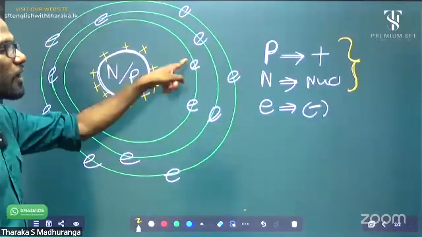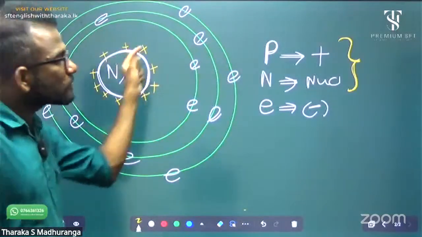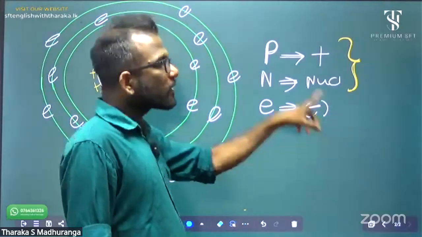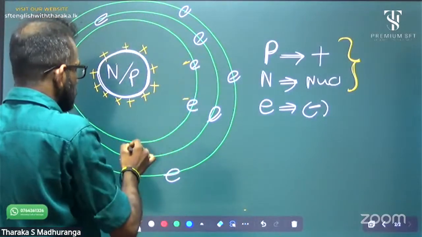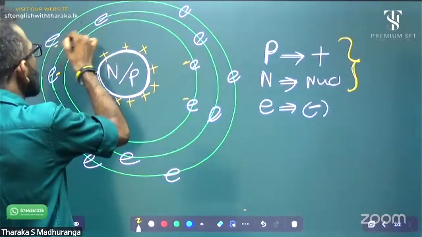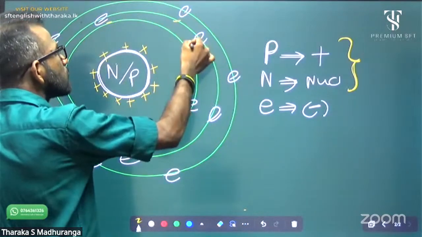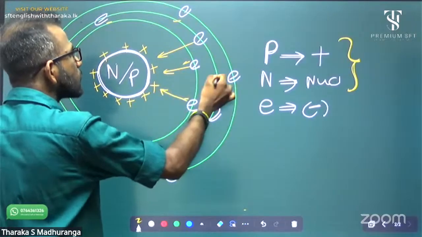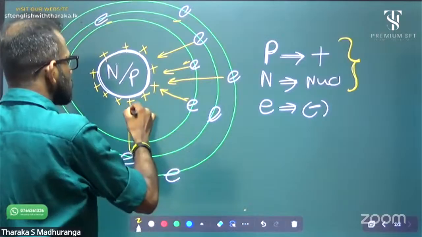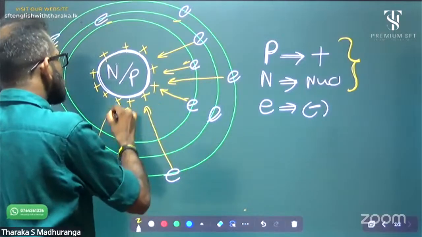Now, how about the charge of electrons? Electrons are negative charge, therefore these negative electrons have an attraction to this nucleus.